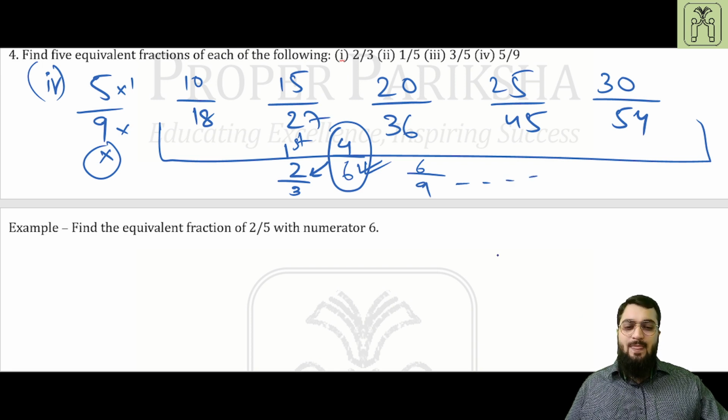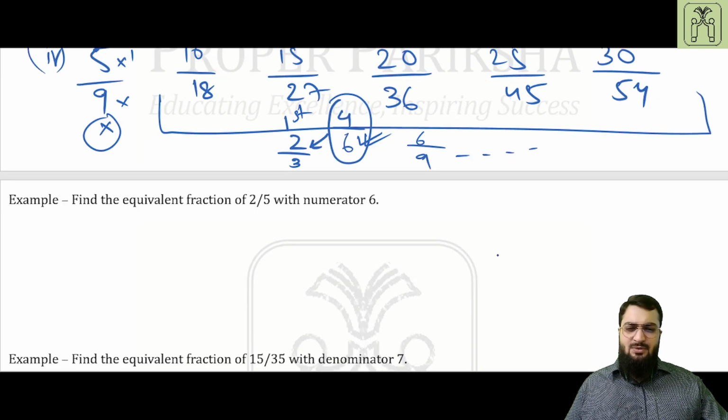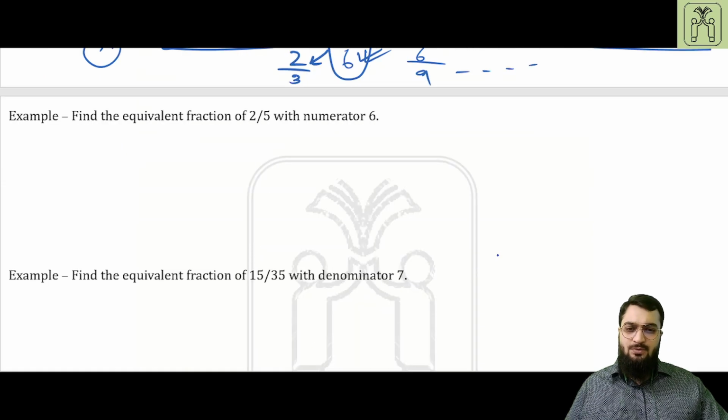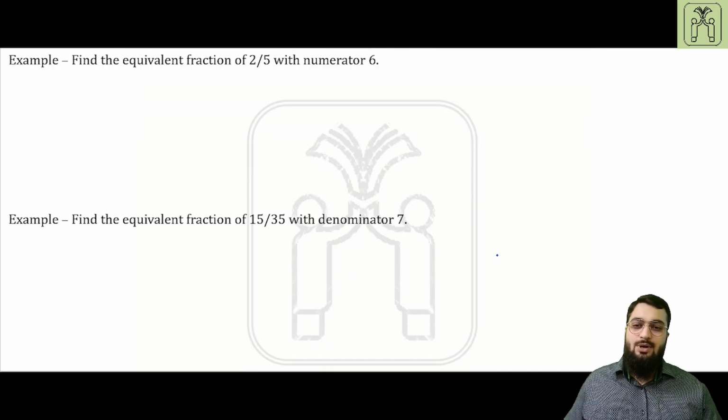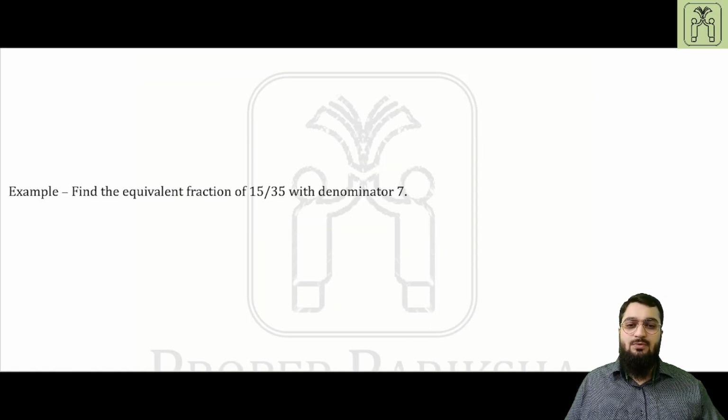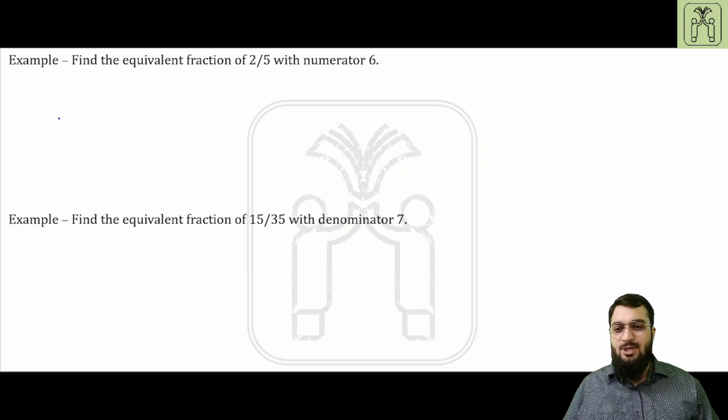Coming to another example. Find the equivalent fraction of 2 upon 5 with numerator 6. So we have been given a fraction 2 upon 5 and the numerator should be 6.